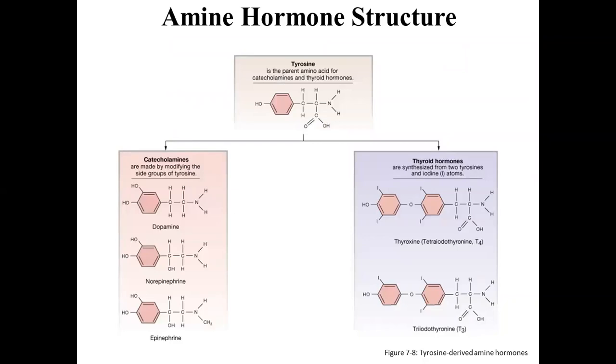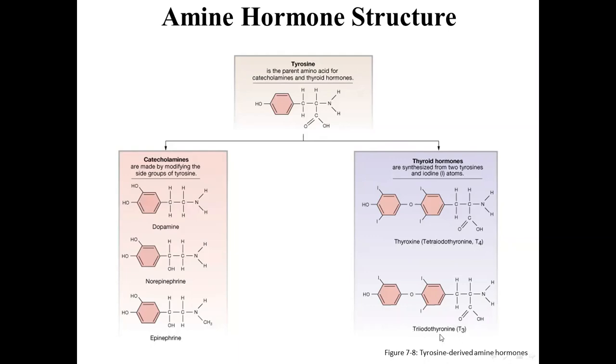So we have amine hormones, as I mentioned before. They are derived from tyrosine, which is an amino acid. It can be converted to the hormones called thyroid hormones. We have two types, thyroxine T4 and T3.